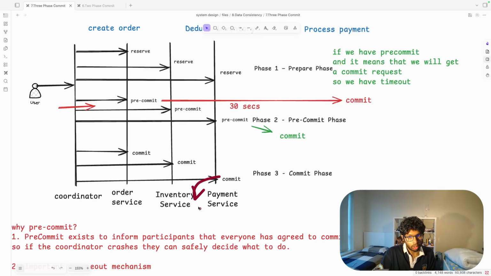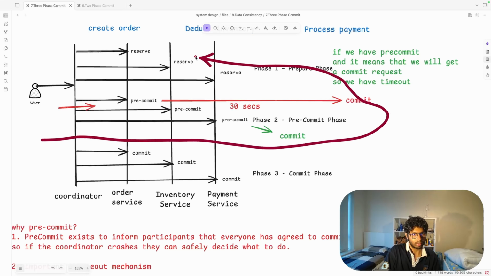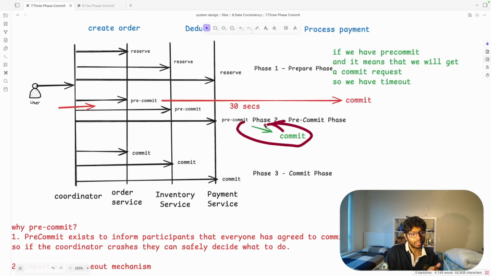Because now we know that this payment service is not working and is not able to send the commit request in less than 30 seconds. So we know the payment service is not working, but our transaction is completed. We secured this transaction.